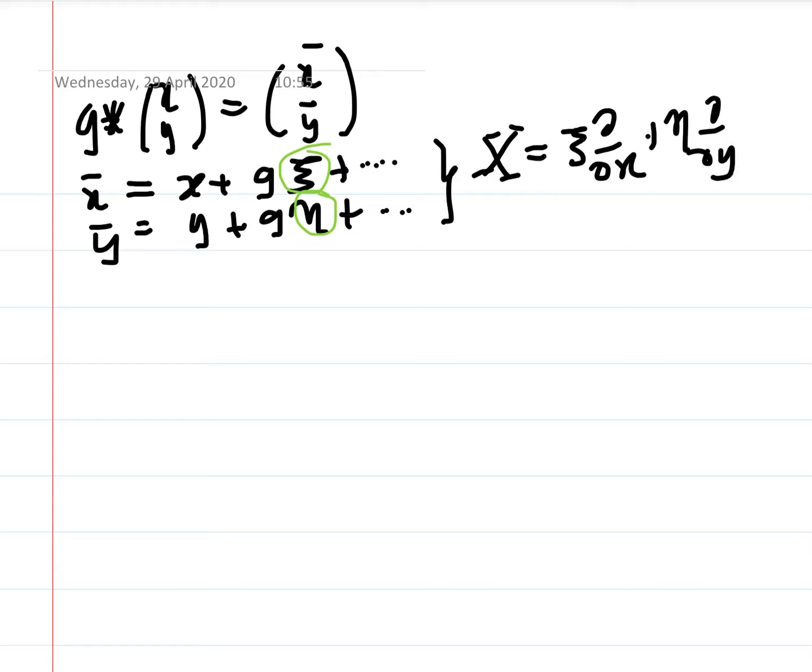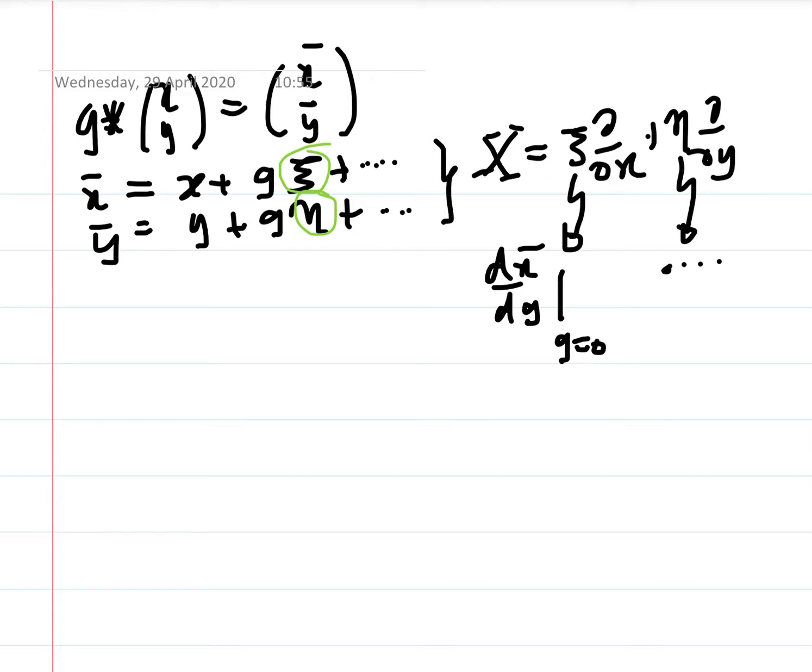We can determine xi and eta directly from what we've done previously. That is that xi is exactly equal to dx bar by dg evaluated at g equal to 0, and similarly eta is dy bar by dg evaluated at g equal to 0, etc.